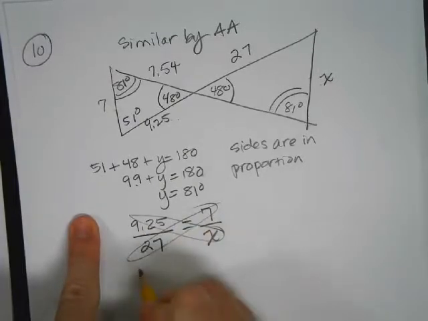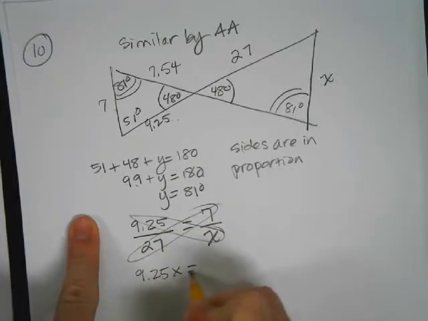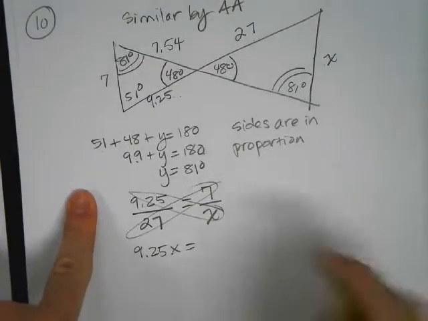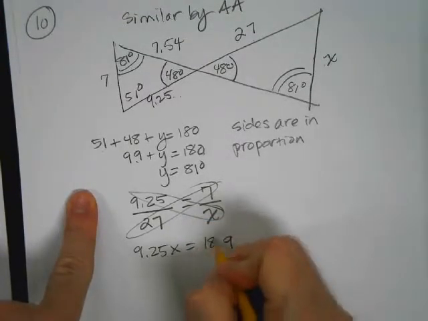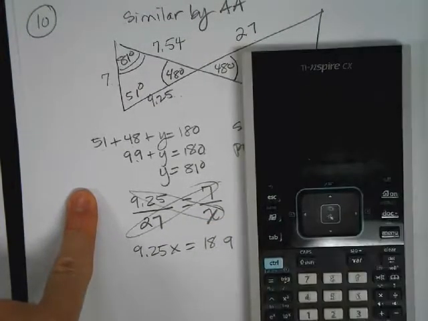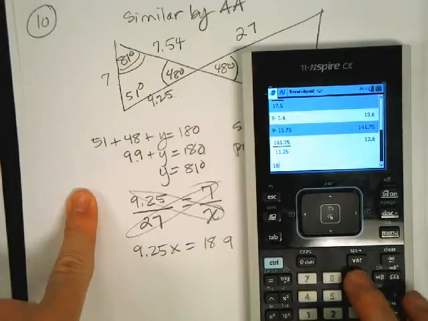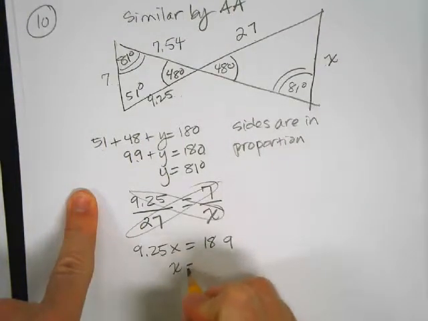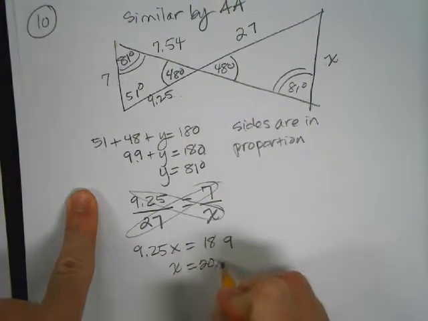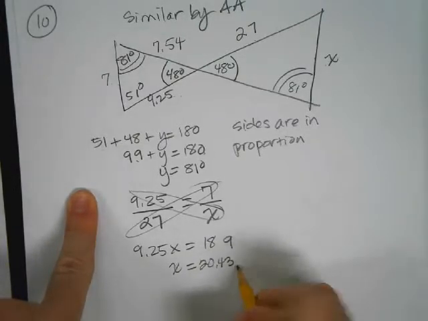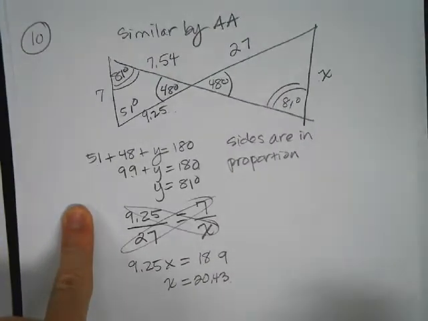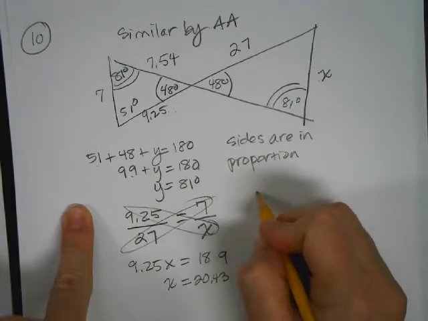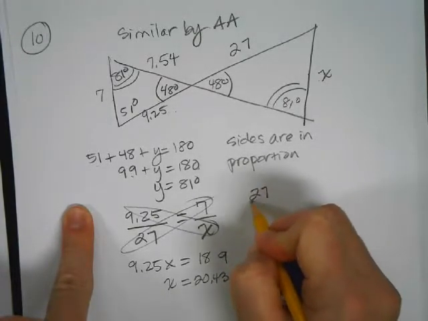Cross multiply, so 9.25x equals 189, and then 189 divided by 9.25, so x is 20.43, and so on.